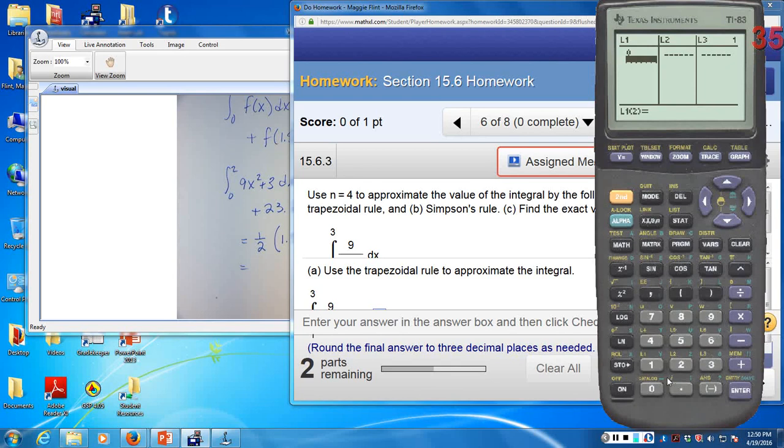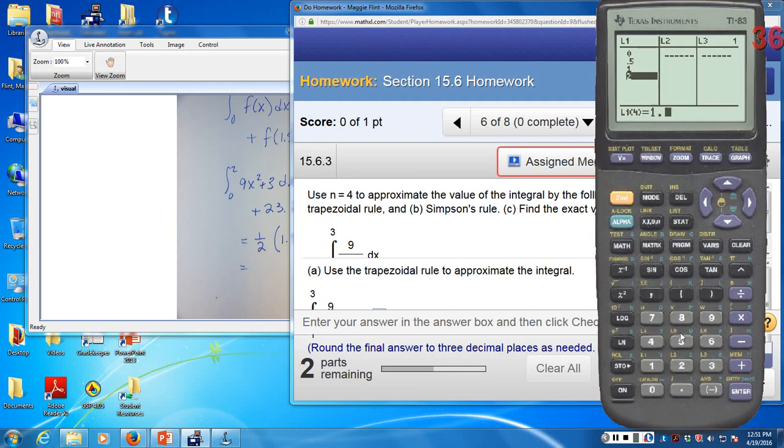So that's 1/2. So 0.5, 1, 1.5, and 2. I think I left out 1. Okay?